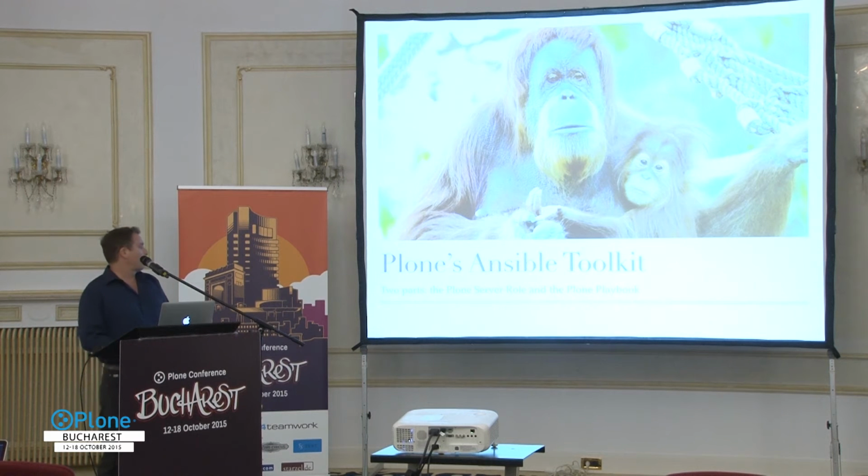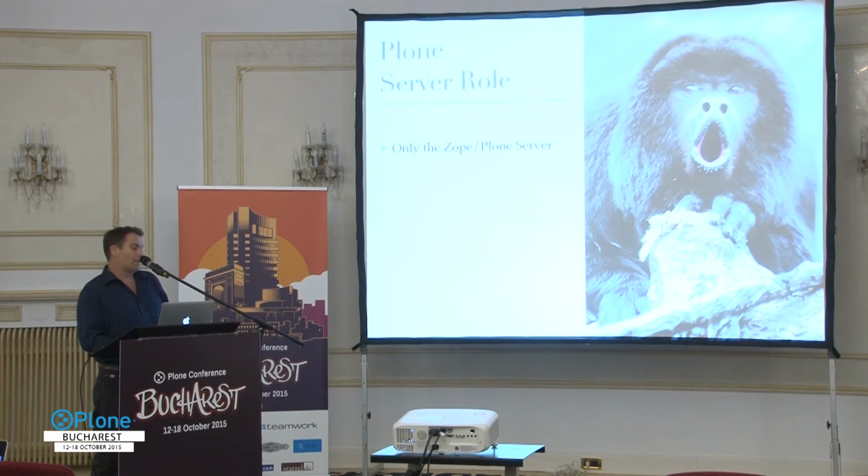All right. So that was Ansible in general, and now we're going into the Plone Ansible toolkit, which has available a role and a Plone playbook. Let's start with the Plone server role. So the Plone server role only installs Zope and Plone, nothing else.